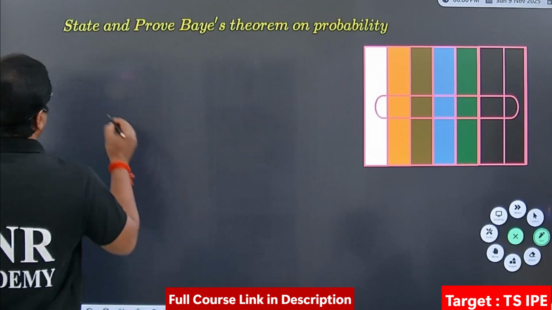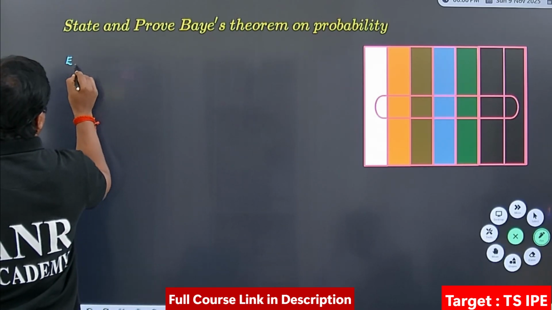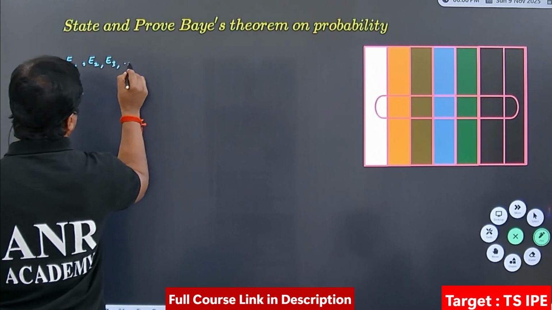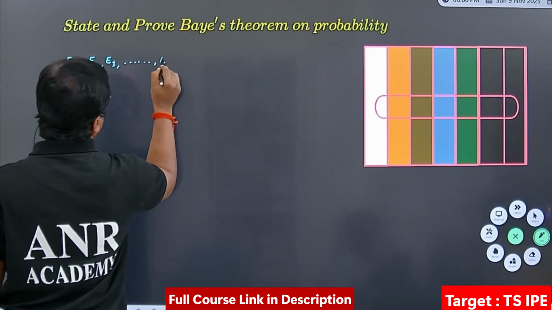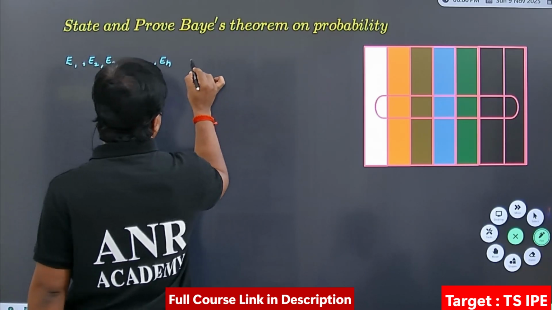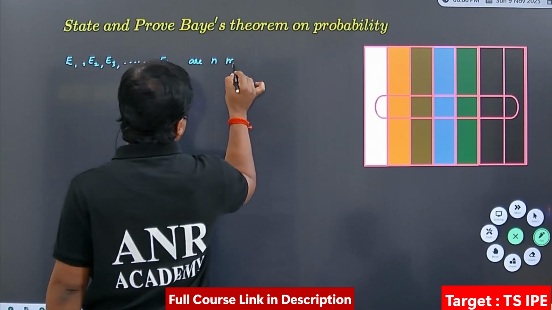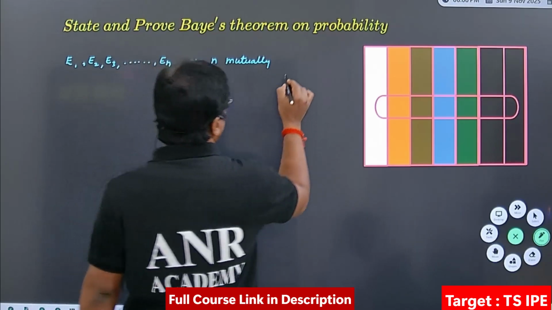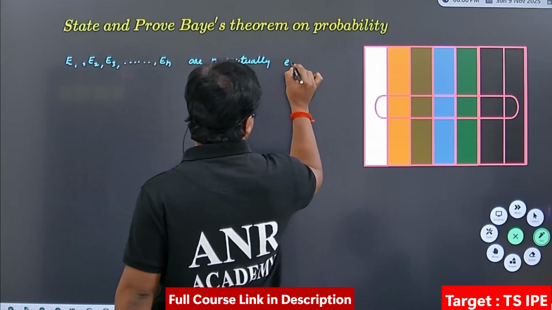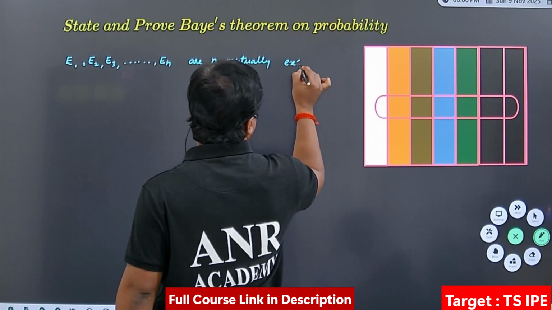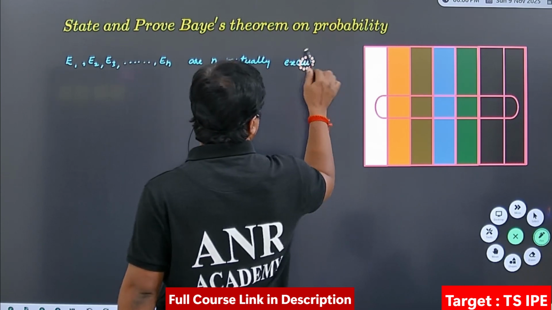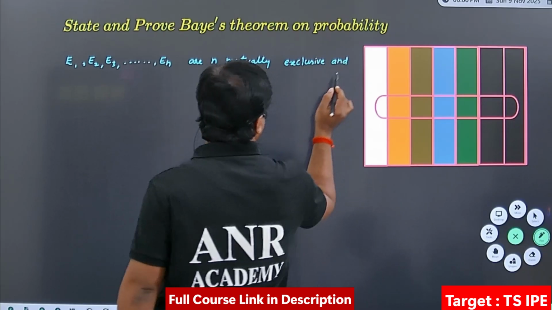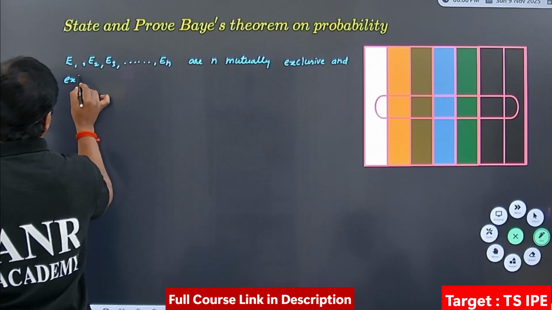Suppose E1, E2, E3 and so on En are n mutually exclusive and exhaustive events.